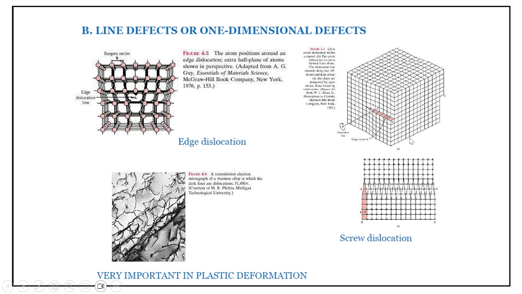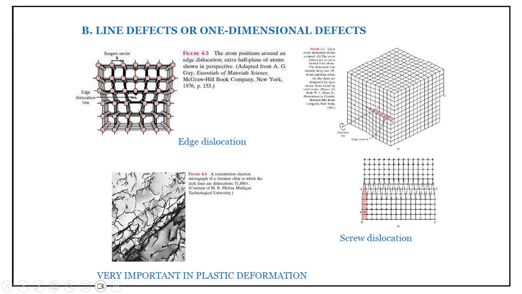The main reasons for plastic deformation are slip and twinning. Edge dislocation causes slip, and twinning is caused due to screw dislocation. These kinds of dislocations are the effect of the application of load on the material.